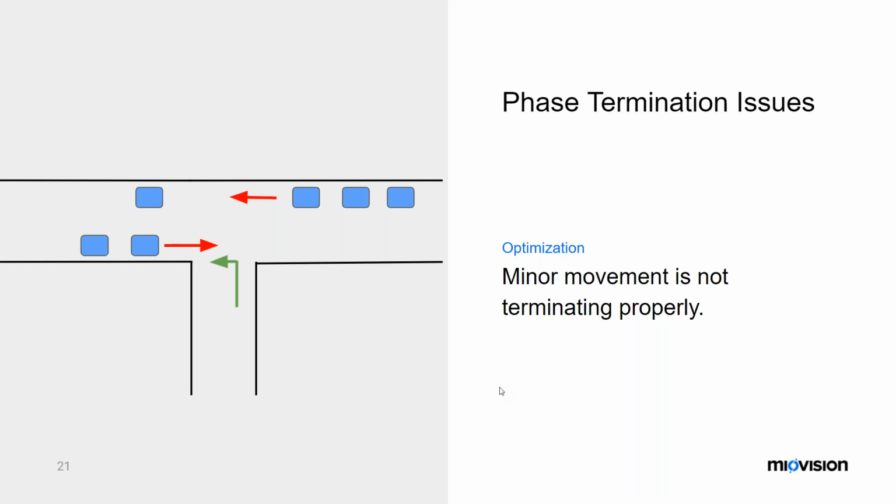So we have about 50% spare capacity, which is inefficient. We're wasting some of that green time that could be reallocated to the eastbound, westbound, or just dropped out of the cycle length completely. The phase is not terminating properly, so that's where we would flag a phase termination issue.